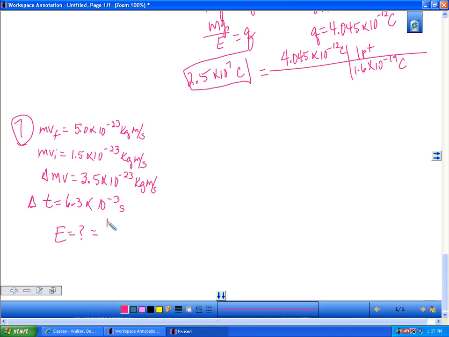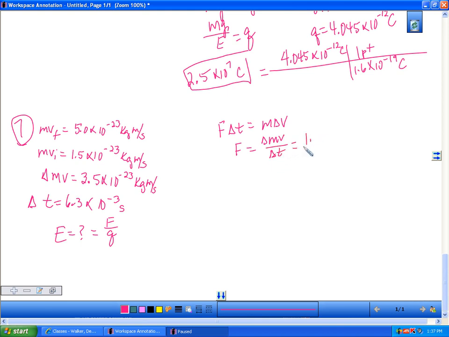Well, I have to get E is equal to F over Q. So first thing I want to do is get F. Well, I taught you a long time ago that F delta t equals m delta v. So F is going to be equal to the change in momentum over the change in time.